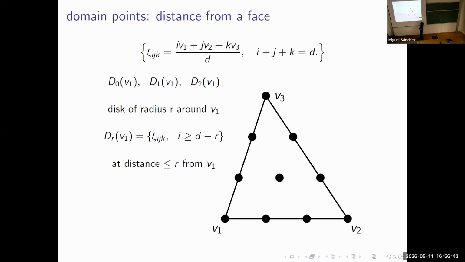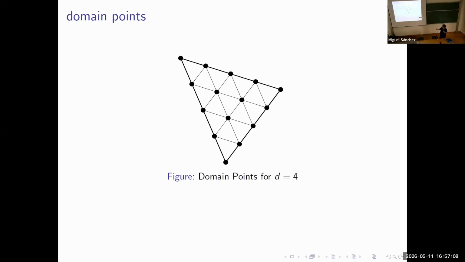So also you can think about combinatorial distance from an edge. For example, this point is at combinatorial distance 1 from V1, V2, or V3, V4, V2, and so on and so forth. But again, it's not a Euclidean distance, it's a combinatorial distance that depends on the degree of the polynomial, right? Let me look at the bigger picture.